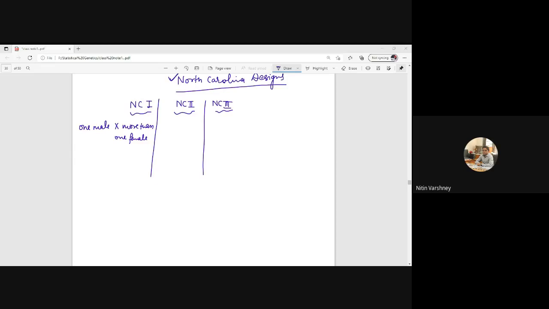Okay, so in North Carolina 1 design, one male can cross more than one female. Just like in North Carolina 2, that's just opposite, that one female can cross with more than one male.